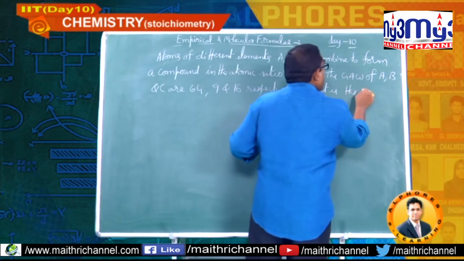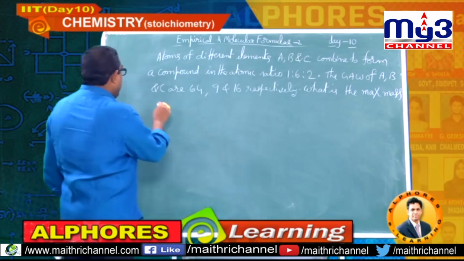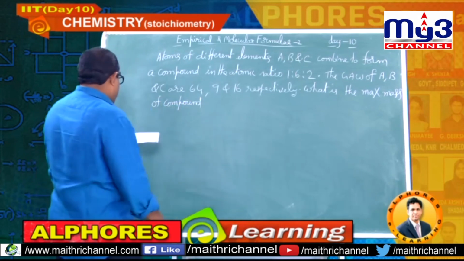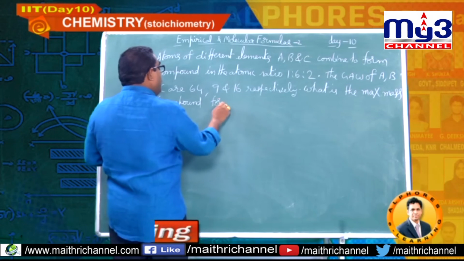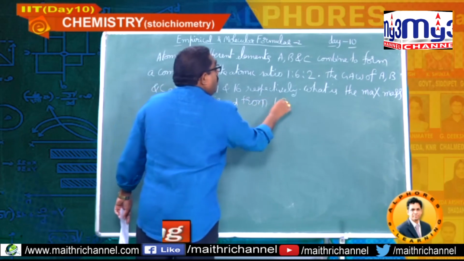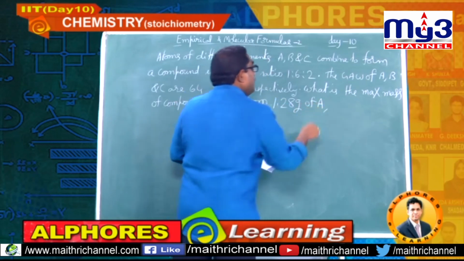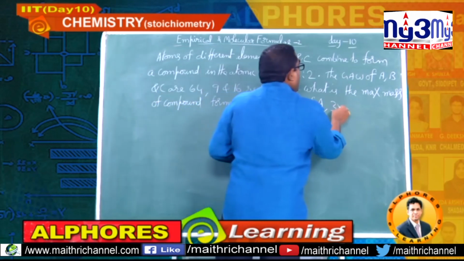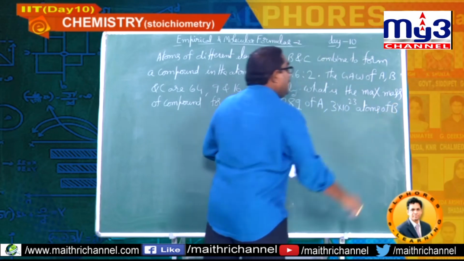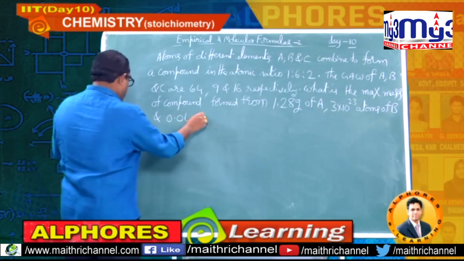What is the maximum mass of compound formed from 1.28 grams of A, 3 into 10 power 23 atoms of B and 0.04 mole of C?